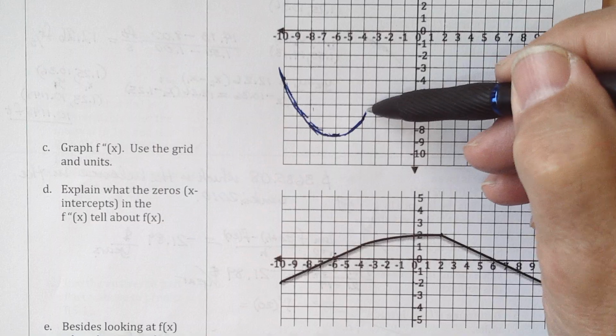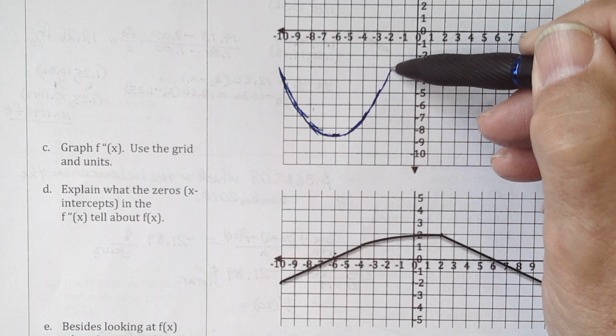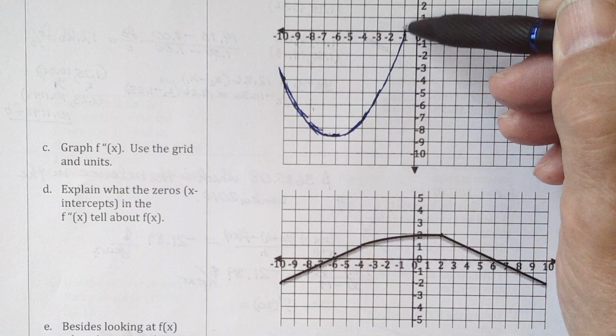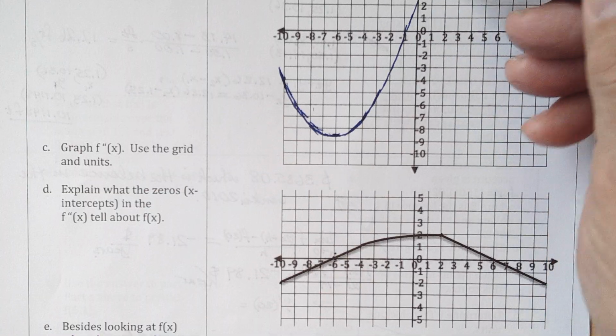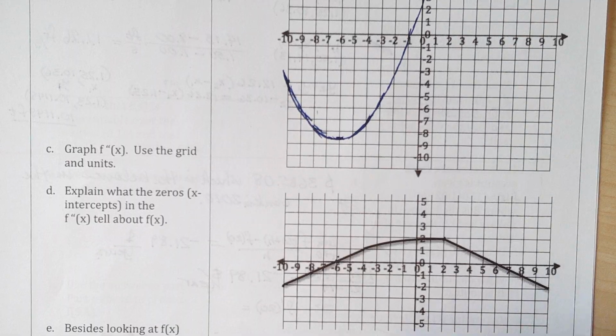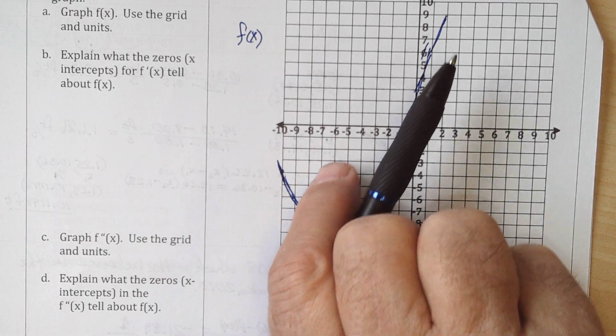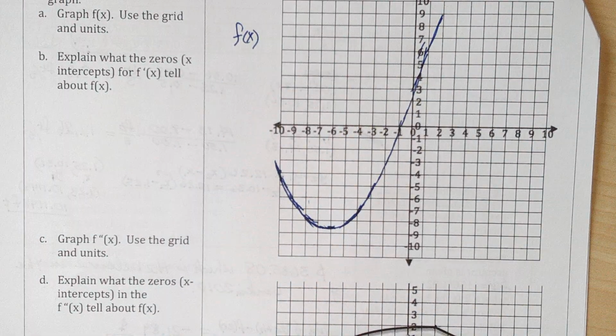So it's going to stay pretty much that slope of 1 and then get a little bit steeper until we reach 2. So it's 1 slowly increasing to 2.